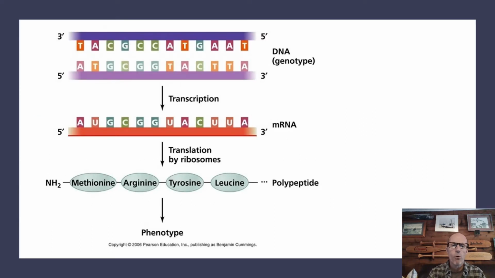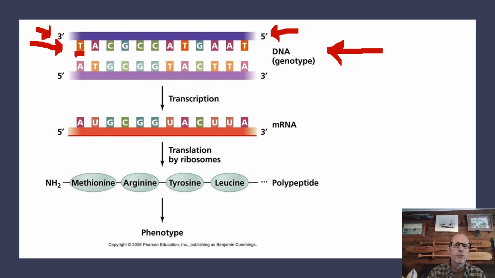Here is a general overview of what happens when we start from DNA and make RNA and finally protein. The top structure shows us the double-stranded DNA molecule, and we are going to actually transcribe the top strand. And remember, the DNA is always read from 3' to 5'. So we're going to focus on the top strand.